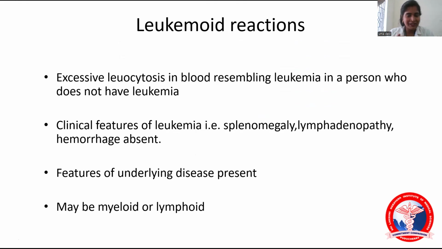There are certain things which will help you differentiate. They will not have clinical features like leukemia patients may have. Generally, we tend to see organomegaly, which means spleen and liver enlargement, but all those things will not be there. Lymphadenopathy may not be there. But certainly, it is more than leukocytosis.